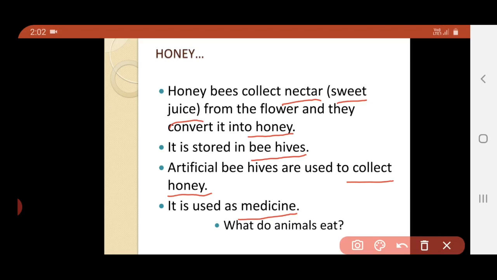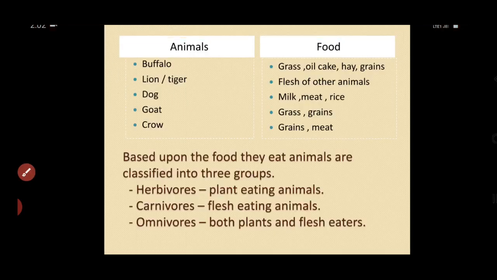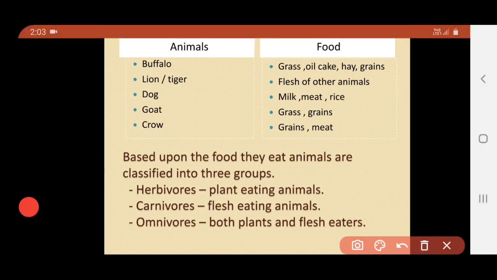What do animals eat? Animals and the food items. I have listed some of the animal names and the food items they have as their food. So first it is buffaloes. They have grass, oil cake, hay and grains as their food. Lion and tiger, flesh of other animals.